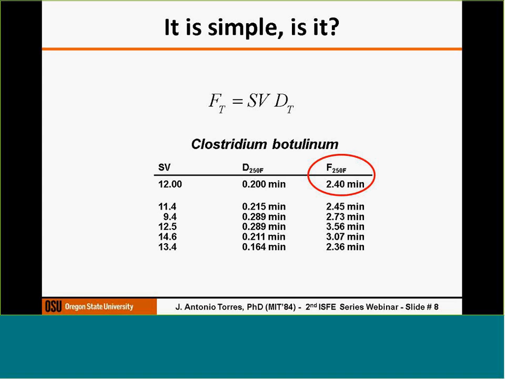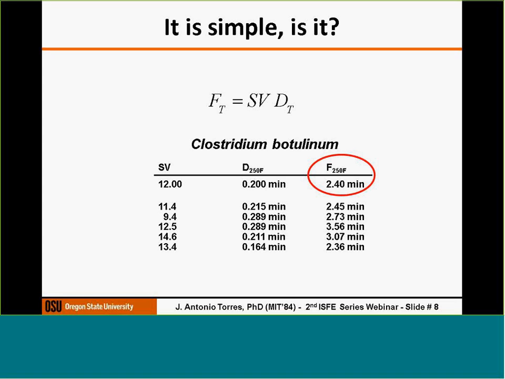And since the food composition from batch to batch may change a little bit, and the spores may not be behaving exactly the same as in other experiments, and because we all have experimental variability, we obtain different D values every time we do this determination. Calculating now with these values, we see that we get different values of the processing time.